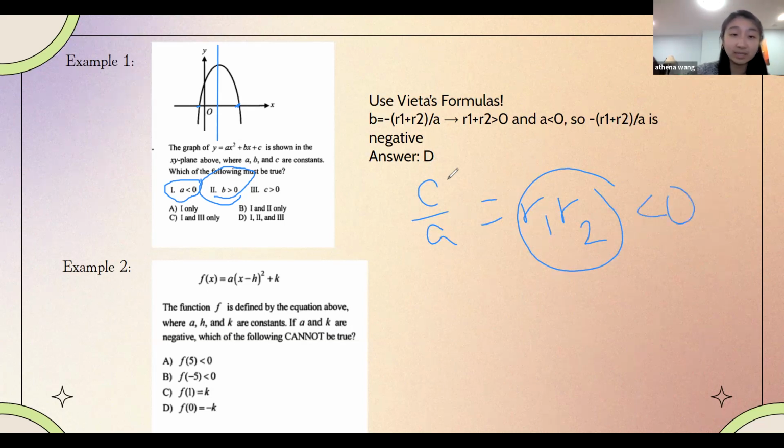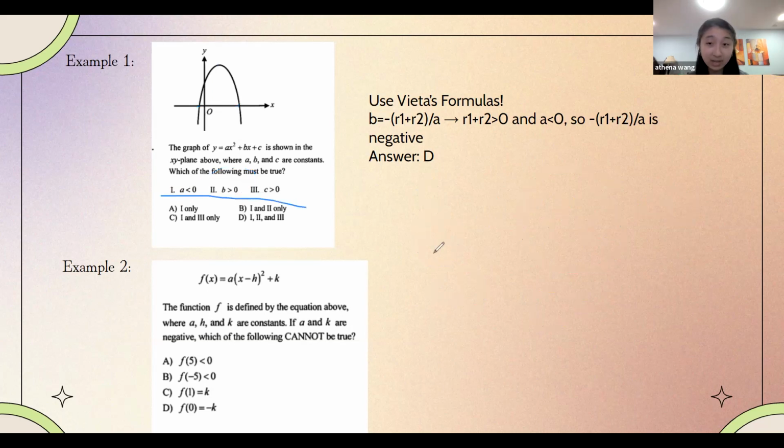R1 times R2 is negative because one root is negative, one root is positive. So negative times positive is negative. We also have that A is less than 0. So then we have C equals the product of these two negative numbers. So C has to be positive. And so all three of these are true. And so we have D.